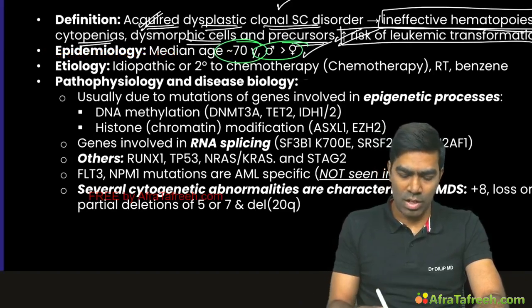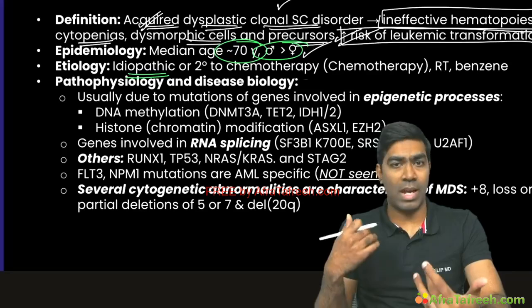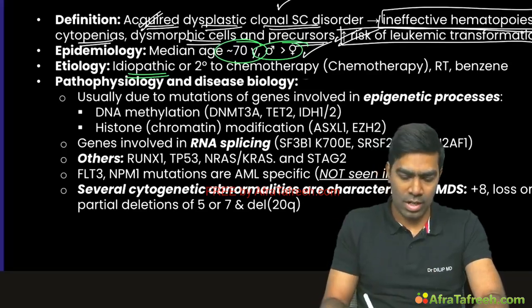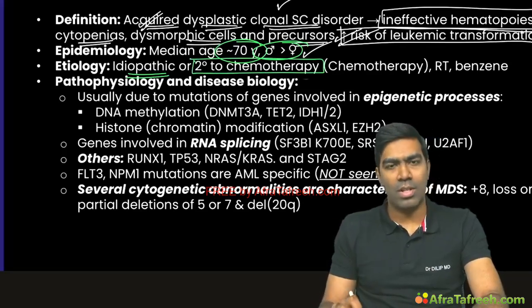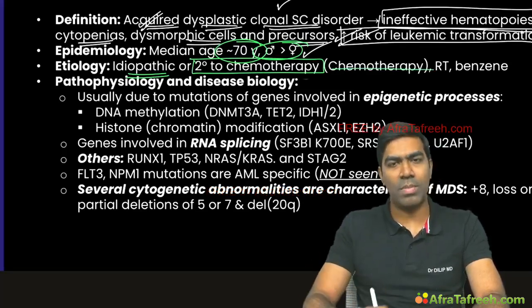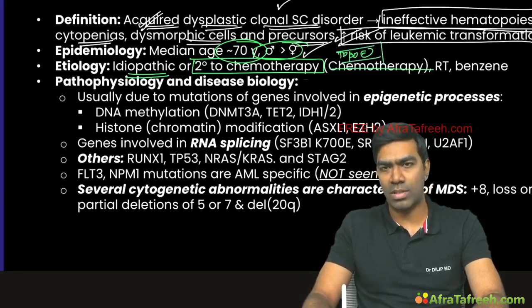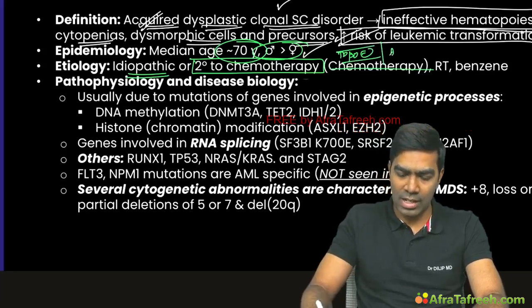So coming to the etiology, MDS can be completely idiopathic without any identifiable background cause, or it can be secondary to some chemotherapy agents. So the most important chemotherapy agents are going to be your DNA topoisomerase 2 inhibitors and your alkylating agents.